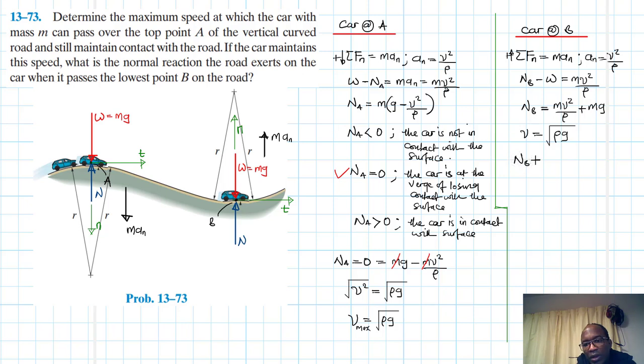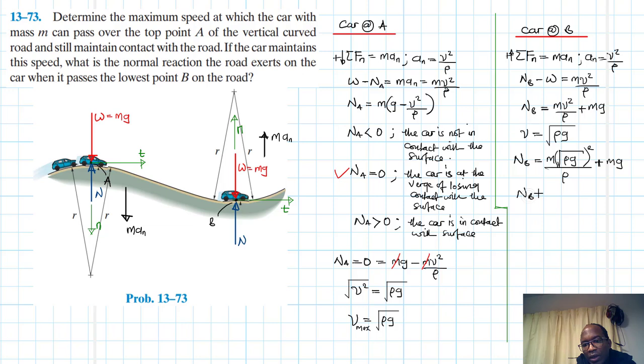So N_B will just be equal to m times the square root of rho g, squared, divided by rho, plus mg.